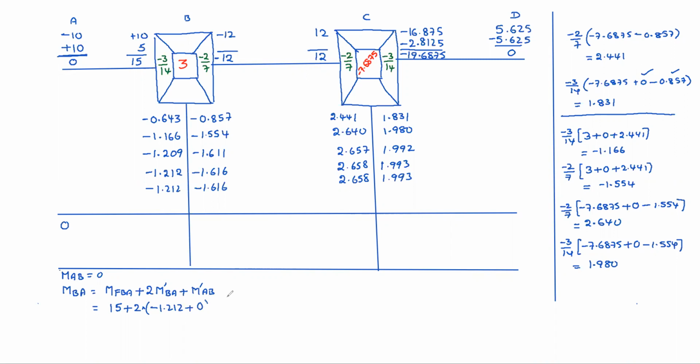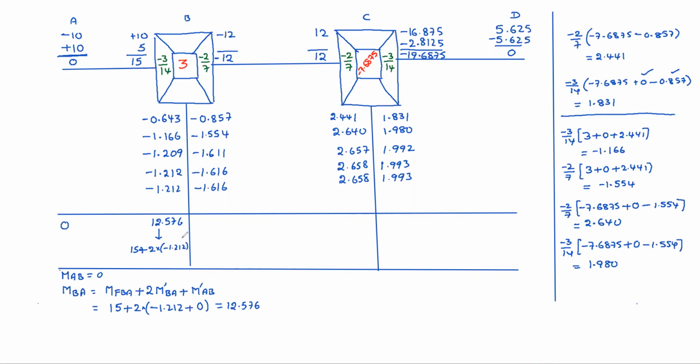So which is equal to how much? 12.576. For this breakup, 15 plus 2 times of minus 1.212.